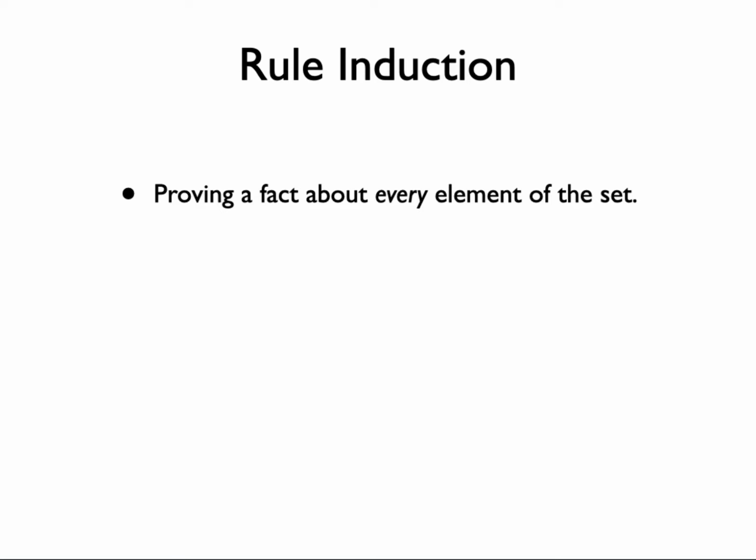And that's what induction always does. So normal mathematical induction proves that all numbers satisfy a property. Structural induction on lists shows that all lists satisfy a property, etc. So here induction is showing that every element of the set we've defined satisfies a given property.